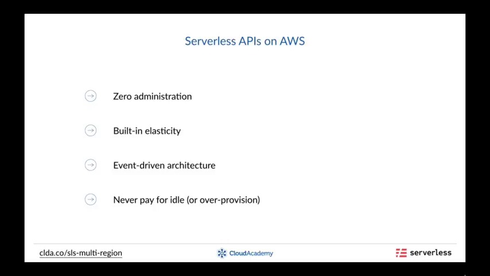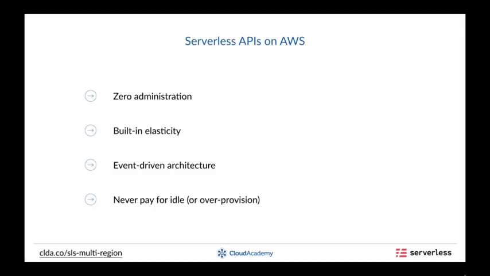Even if you have synchronous APIs, you can still react to events like file uploads and manage these things differently than we used to do in the past. Correct. And last but not least, a huge thing, I think, is pay per execution. You only pay when your function gets called. So you never pay for idle. You can never over-provision. It's always based on how much you need. That's awesome. That's right.